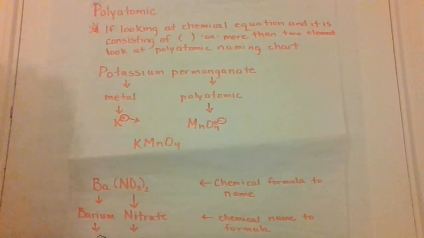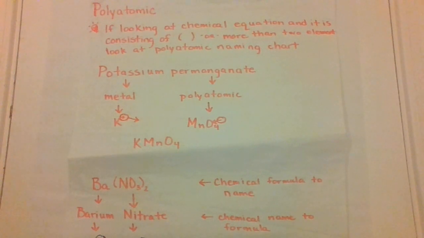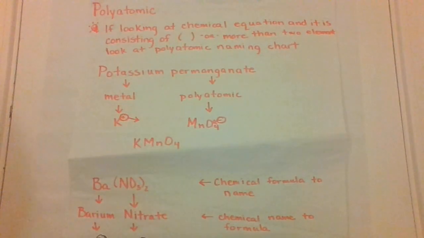Here once again, we're dealing with polyatomics. If you're looking at a chemical formula and it consists of parentheses, or the "house," or more than 2 elements after your first one, you know you're looking at a polyatomic.